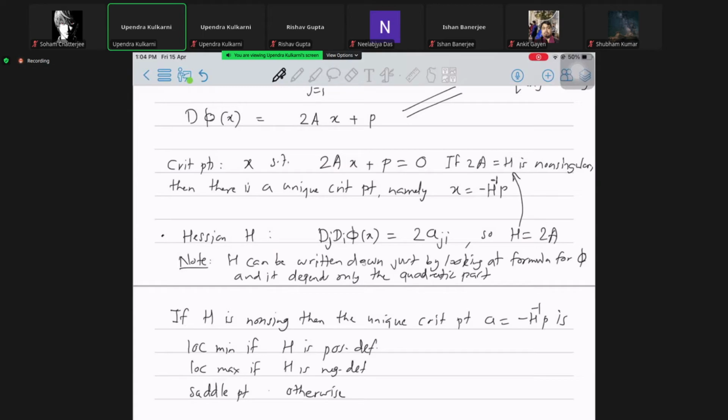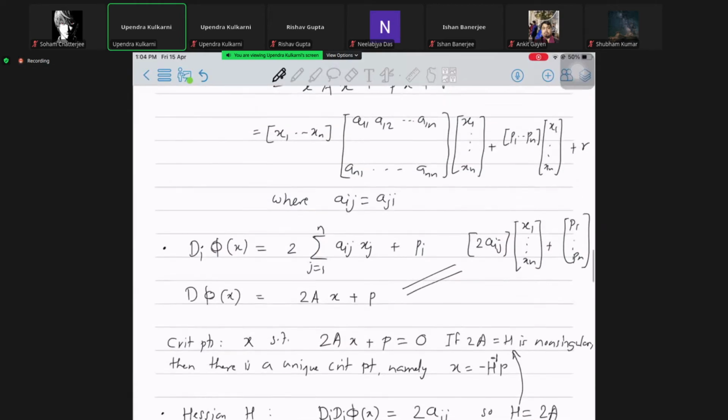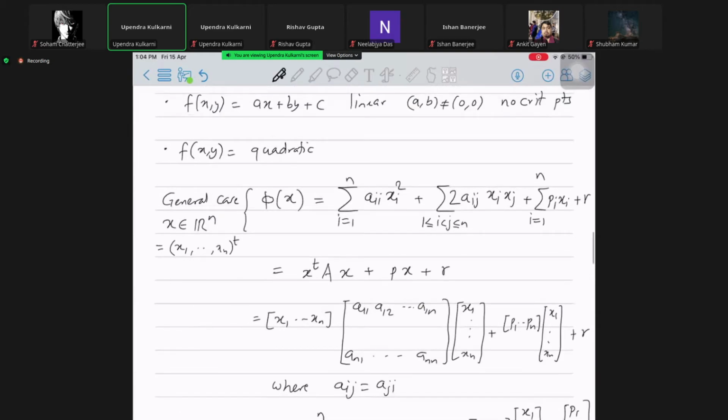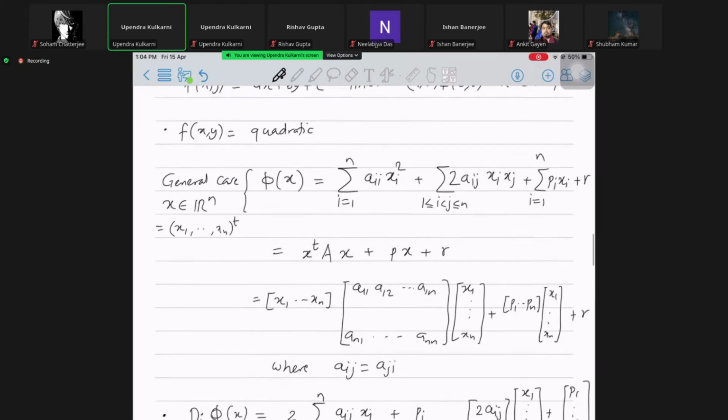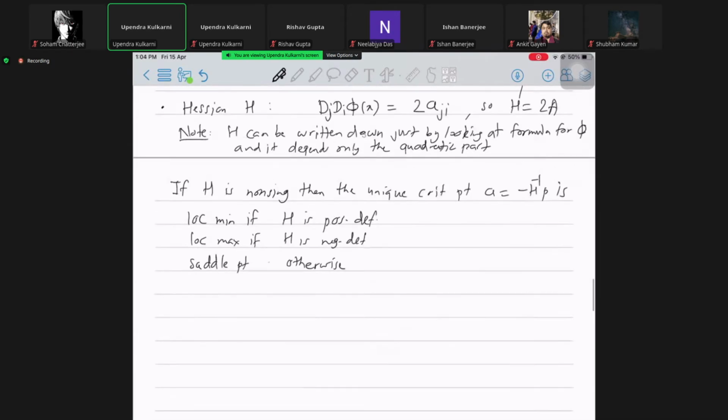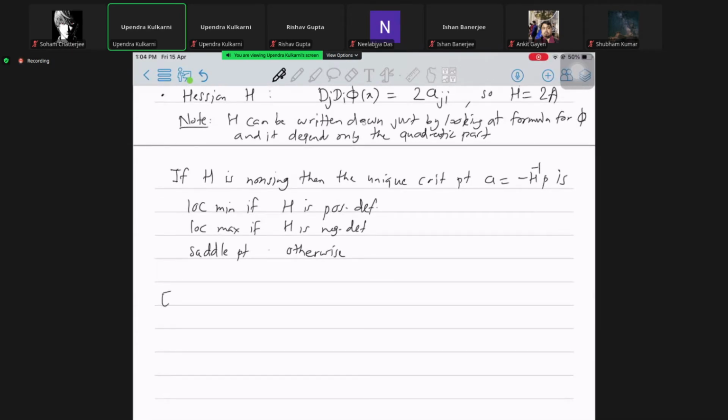Notice that H turned out to be 2 times A, but look at where A came from. That was just the matrix of coefficients of the degree 2 terms. So you can just get it from there. Okay, so, examples of this.